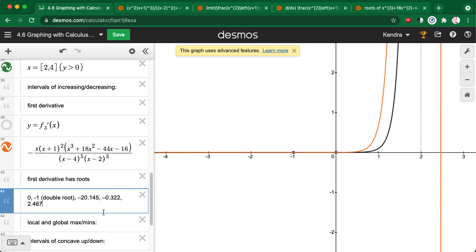Okay, so that's the three roots of the first derivative.